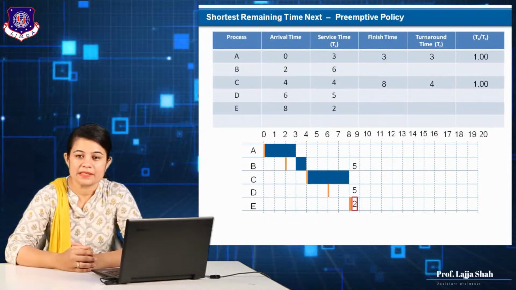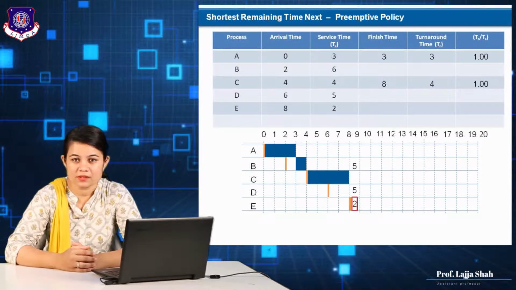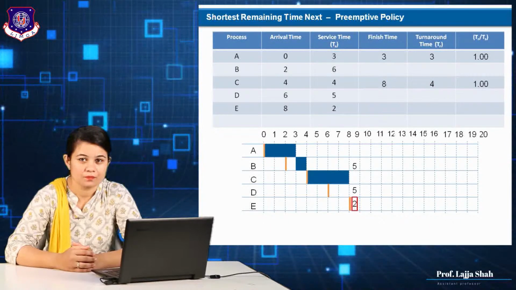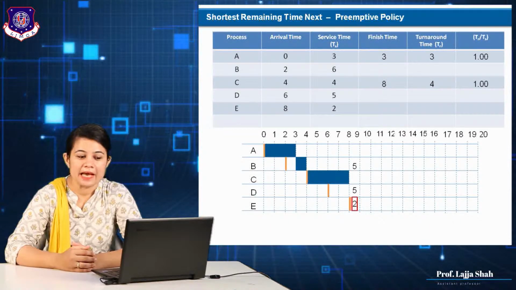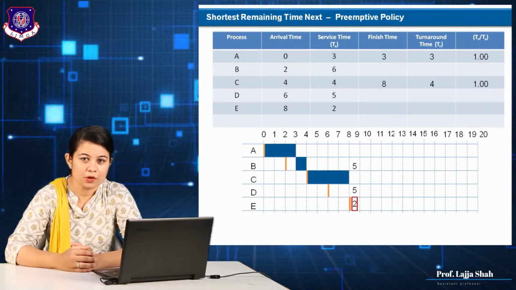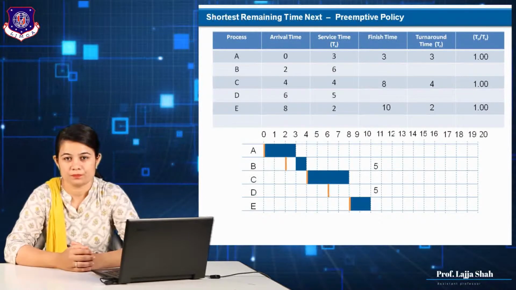Process B's remaining time is 5 seconds. Process D is left with 5 seconds and process E is left with 2 seconds. So process E has the shorter remaining time. Hence, process E will be selected next for execution.